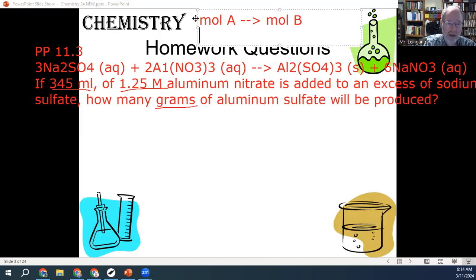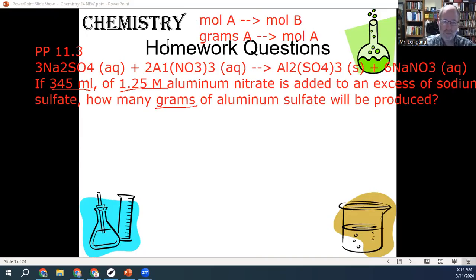And I know that I can go grams of A into moles of A using the molar mass. But I'm not given grams and I'm not given moles of the aluminum nitrate.